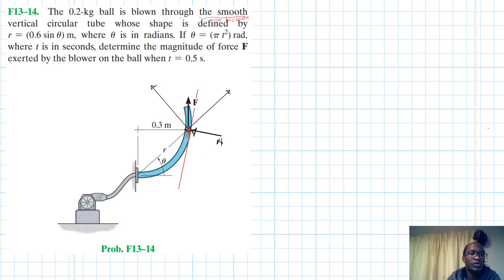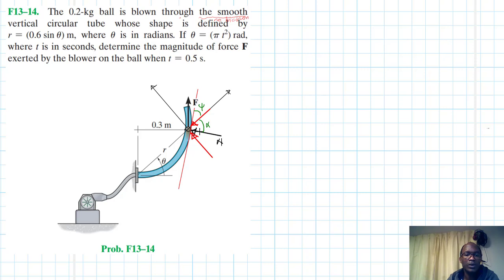We are going to have some components of this normal force, one component along this direction, and another component along this direction. Let's call this angle alpha, and this one here psi.